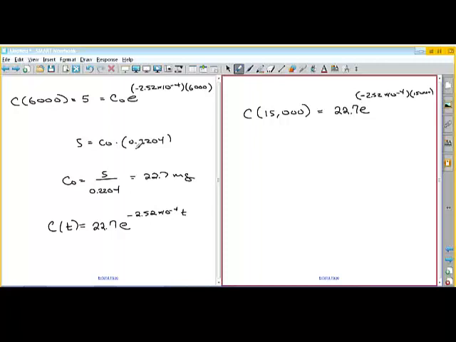So 22.7 times e to the negative 2.52 e to the minus 4 times 15,000, close the parentheses, enter, and so the concentration at 15,000 years is 0.51 milligrams.